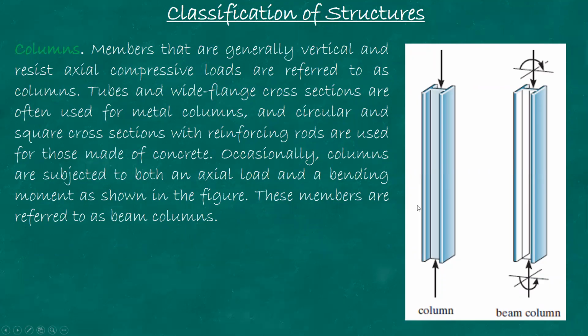Next, columns. Members that are generally vertical and resist axial compressive loads are referred to as columns. If you consider a simple frame, vertical, horizontal, vertical, the load on your beam gives reactions, and the reaction of your beam will serve as compressive force on your column.